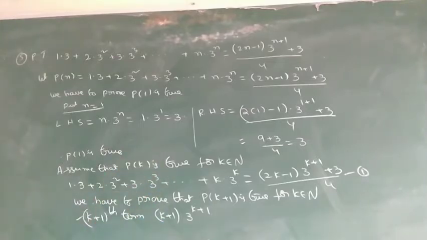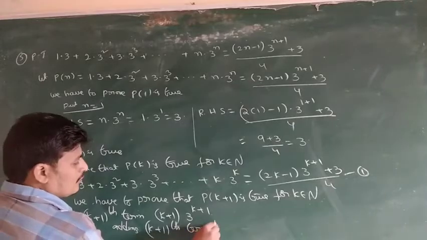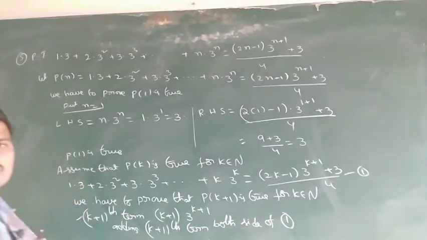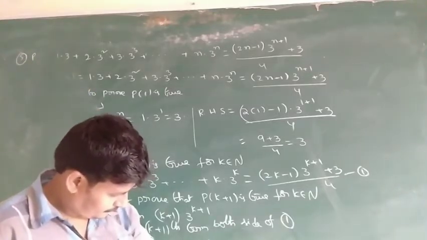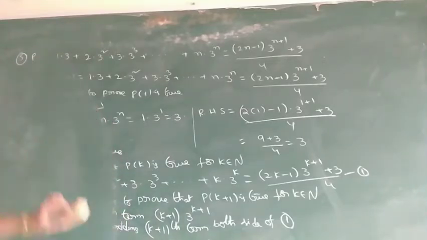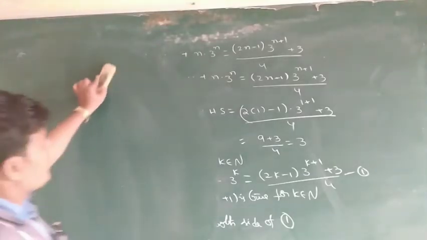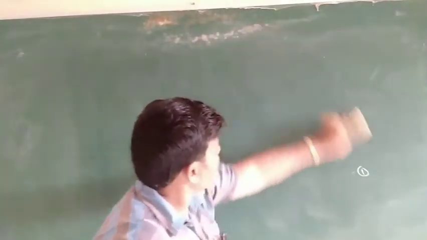Next step: adding the k plus 1th term on both sides of equation 1.